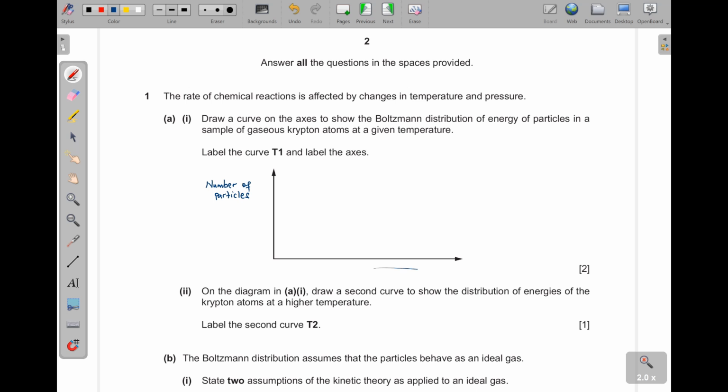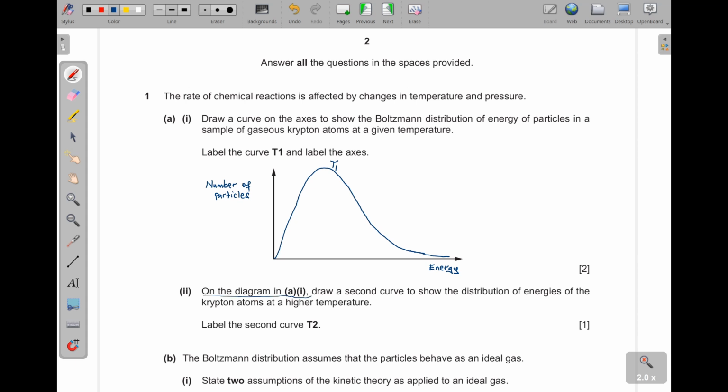So I can say kinetic energy, particle energy, or even just energy. Just energy is enough. Then from there to sketch, it's like a normal distribution curve. So we just do like this, something like that, then you curve it off. So that is that. Then Roman 2, they said we label it T1. So I will say this is T1.